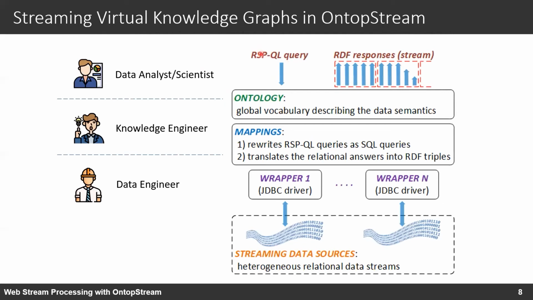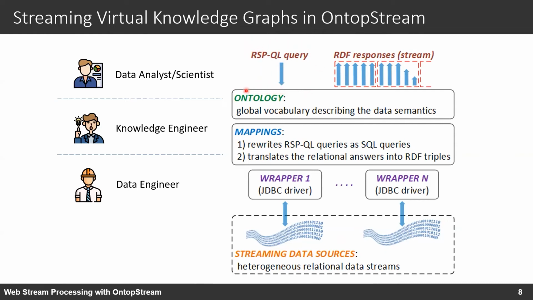So talking about the streaming virtual knowledge graph approach, here we have a nice view of what it is. In particular, if you remember from the introduction about ontology-based data access, the idea is very similar. So we have at the input an RSP4J continuous query, and this query can also express a window condition.